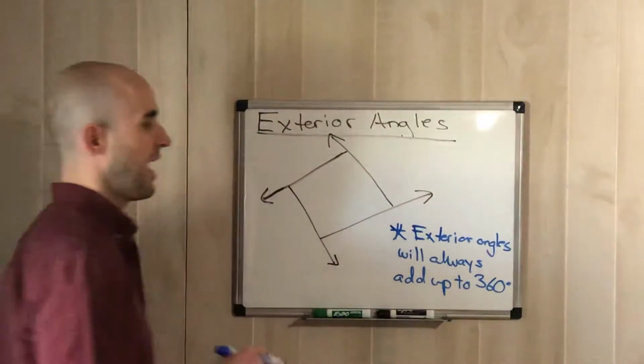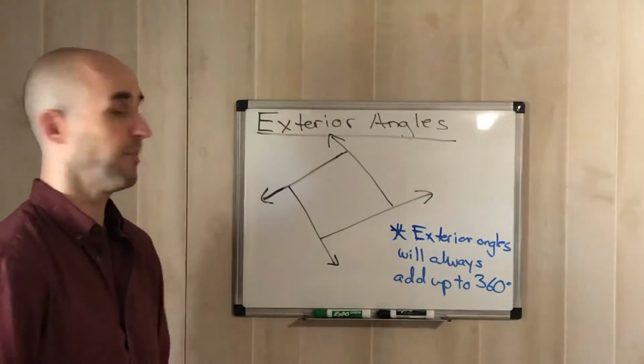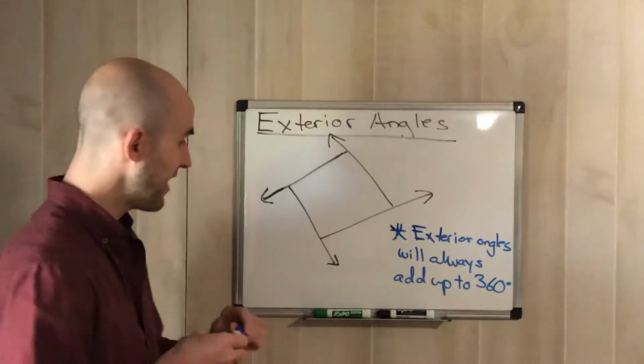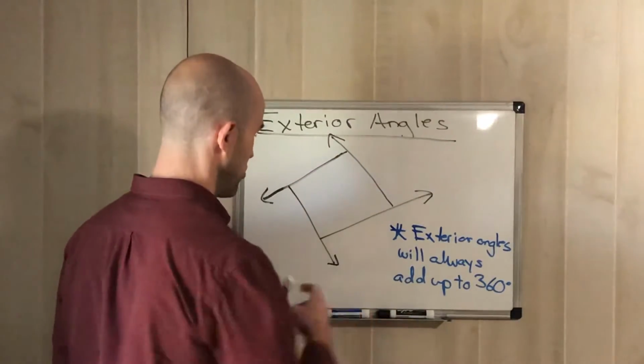It doesn't matter how big the figure is, it doesn't matter how many sides it has. If it's exterior angles, it's always going to add up to 360.